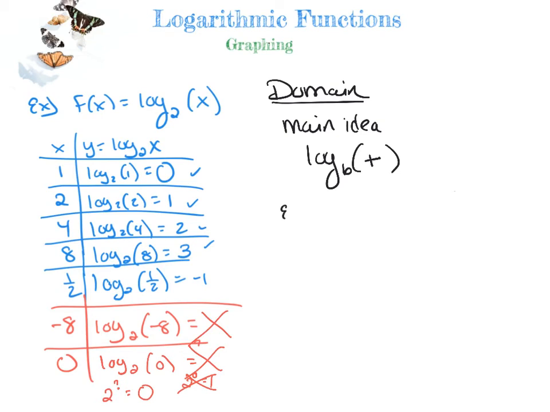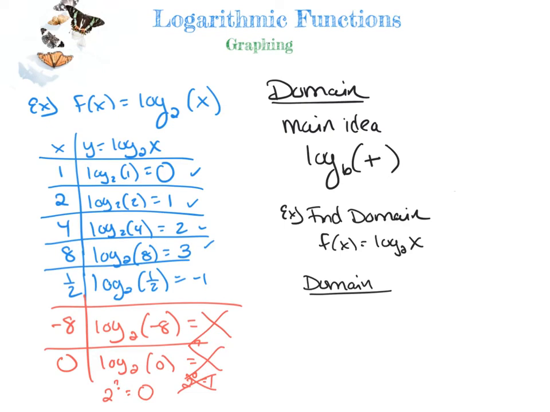So if I'm looking, for example, to find the domain of something as simple as log base 2 of x, very similar to when we find the domain of square root functions, we take just the argument, just the x, and say it has to be positive.